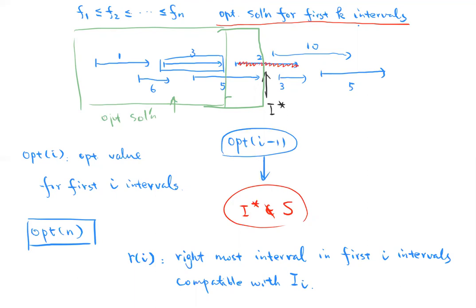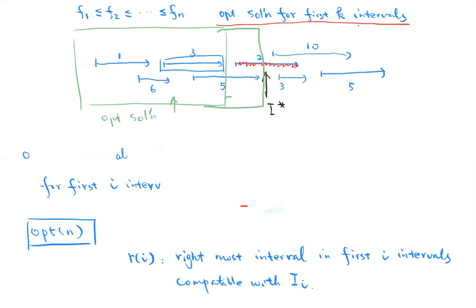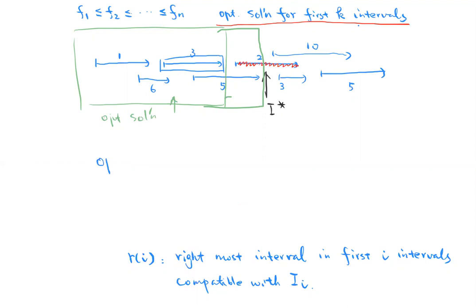So putting them together, we have the following recurrence. The optimal value of the first i intervals equals the maximum of two possibilities.